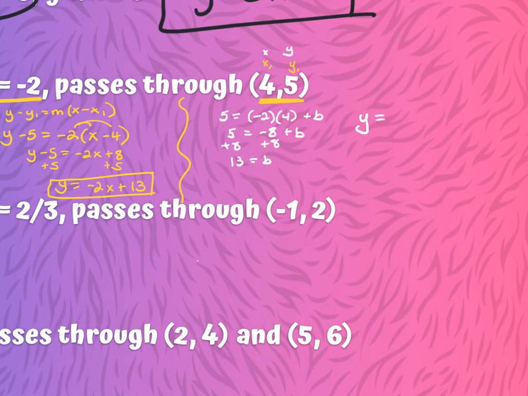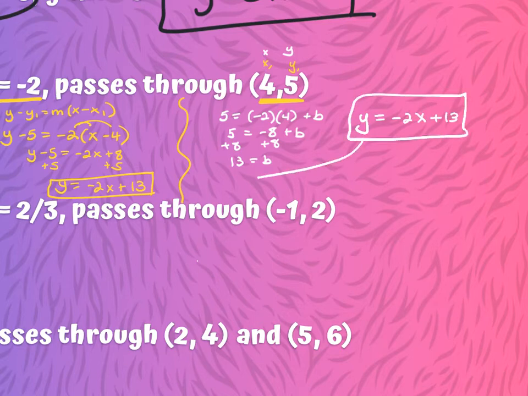So y equals m is -2, x stays as x, b is +13. Either way, same answer. Totally up to you how you choose to do that. So I plugged in the x and the y into the x and the y. I plugged in the m into m, solved for b, and then plugged back in the m and the b.